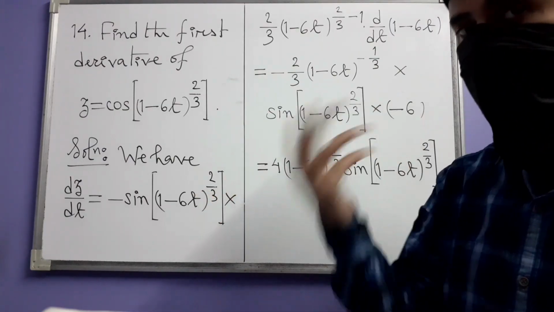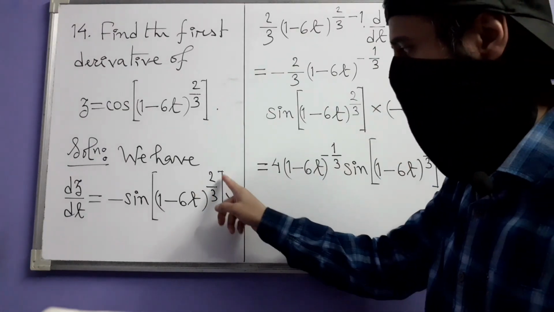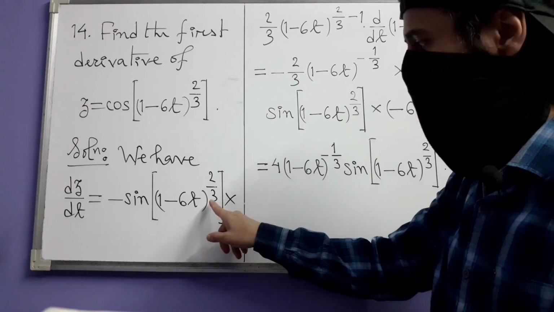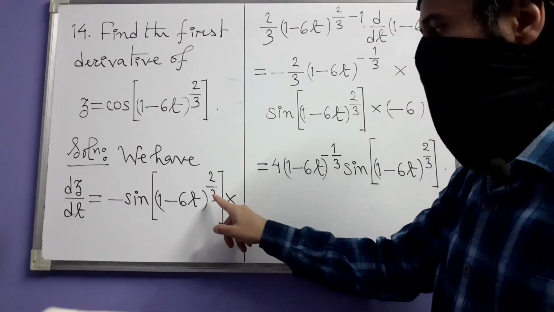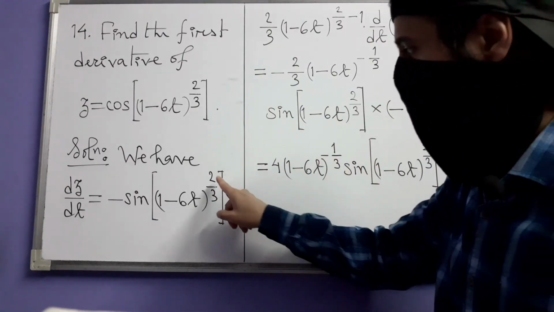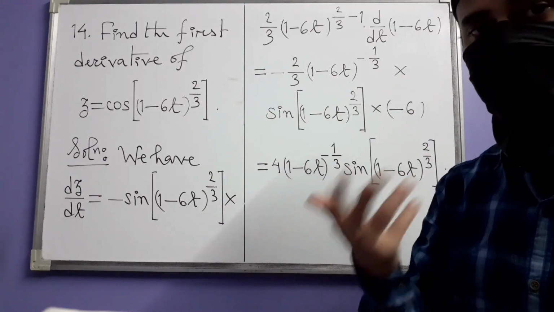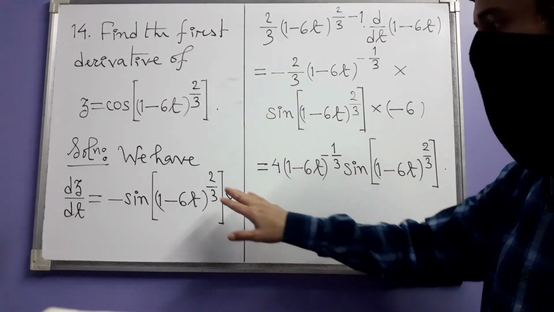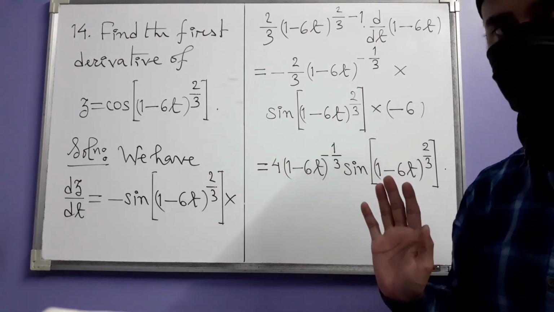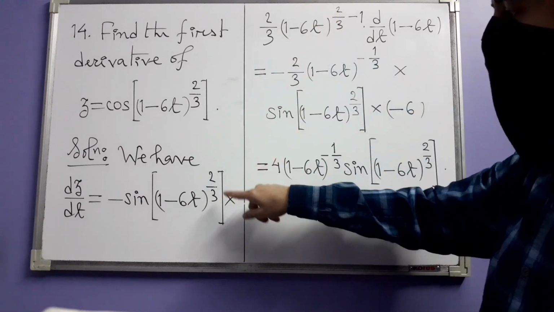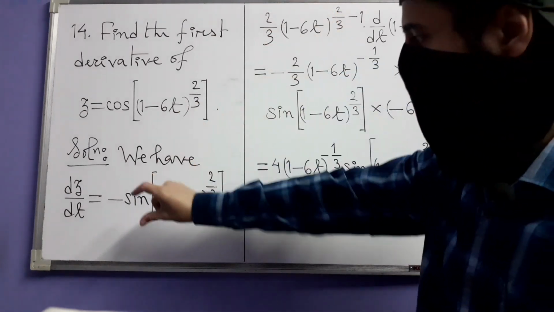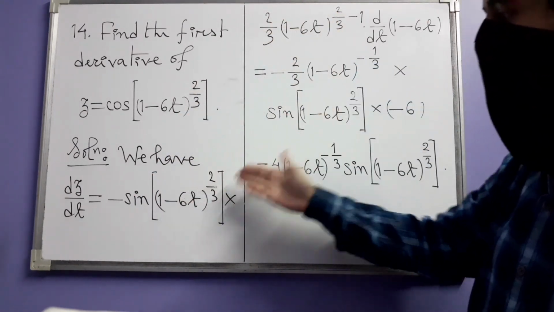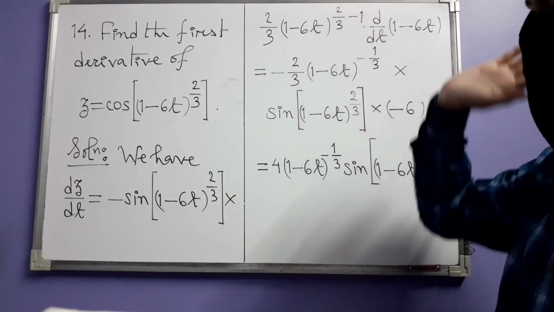Then that itself is a composite function, which is a rational power. So first you do that. Inner room means which room? The 2 divided by 3rd power room, using the derivative for rational powers. So that way you get times 2 divided by 3 times (1 − 6t) to the power 2 divided by 3 minus 1.